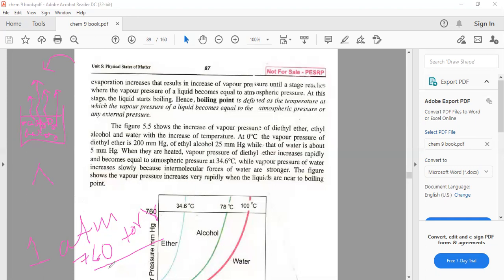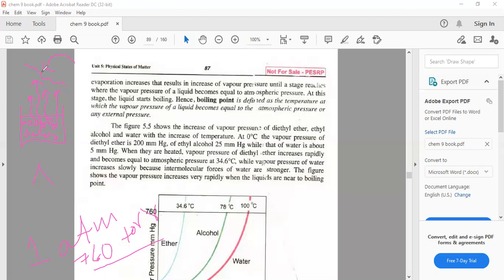So when the vapor pressure of the liquid is equal to the atmospheric pressure, when the vapors of the liquid are exerting some pressure that is equal to the atmosphere's pressure, then the point is called the boiling point.